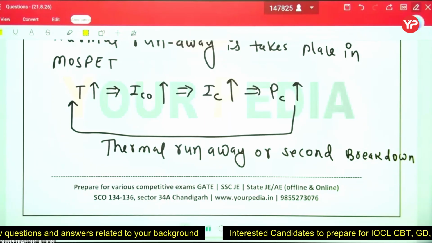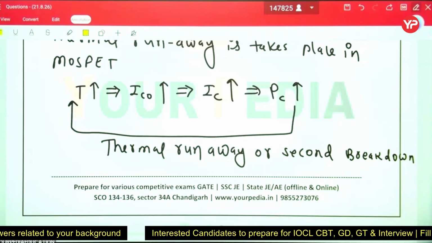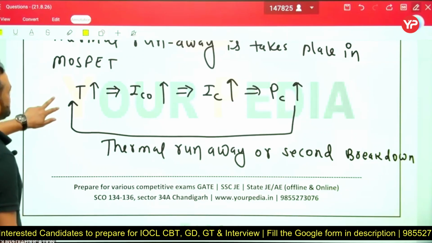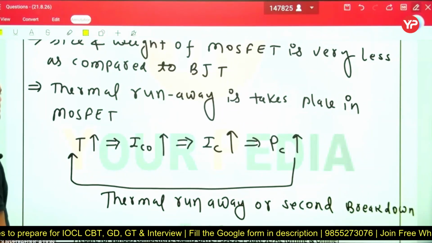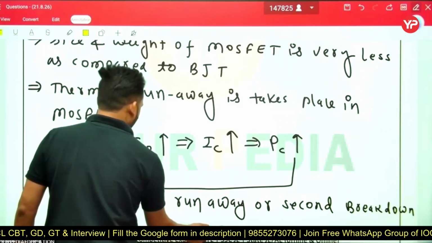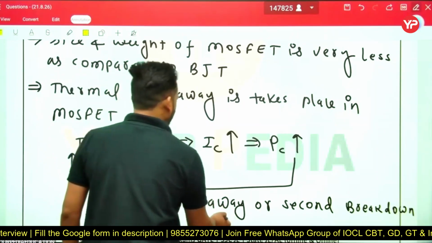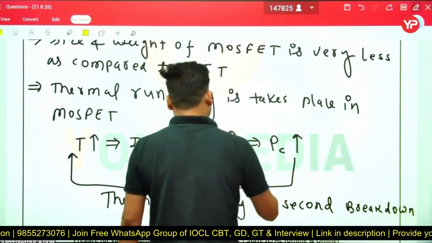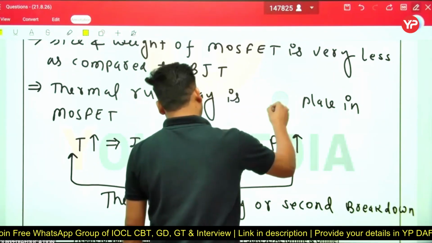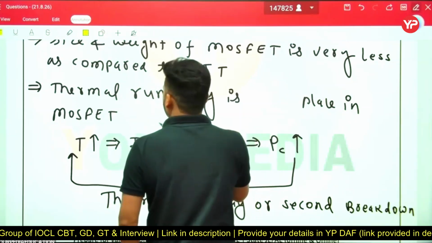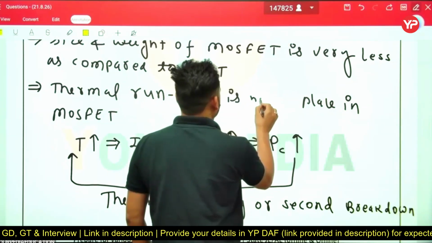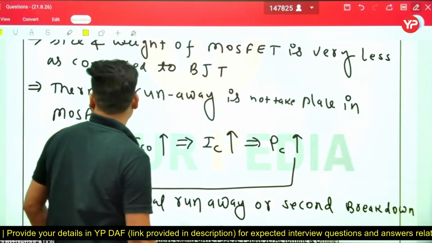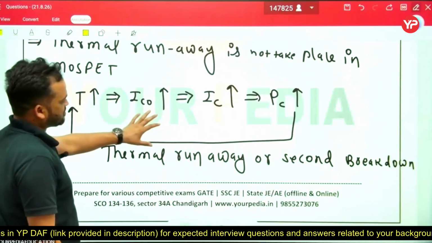Sir, but thermal runaway takes place in BJT. No, beta, here we discuss it. Yes, this is wrong. Actually, we wrote it as not taking place in the MOSFET, which is right, but there was a writing mistake.